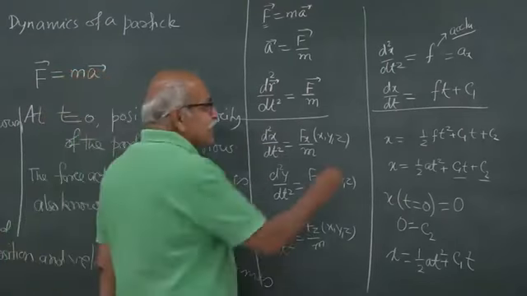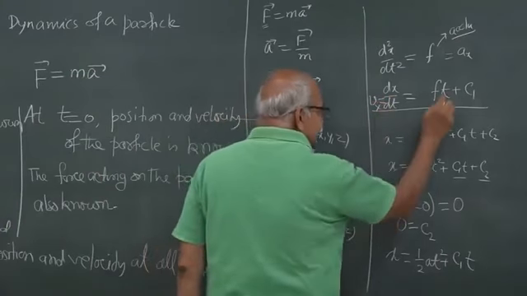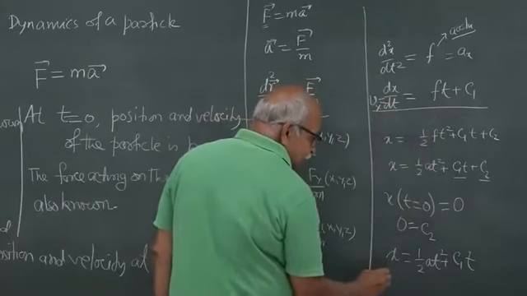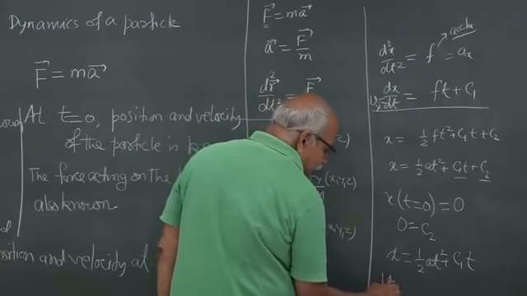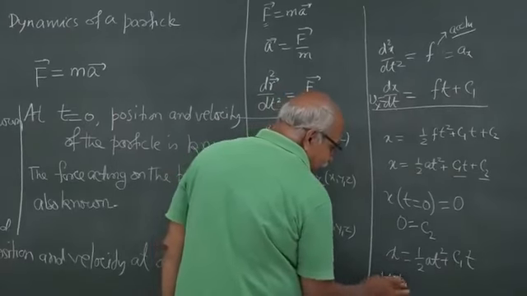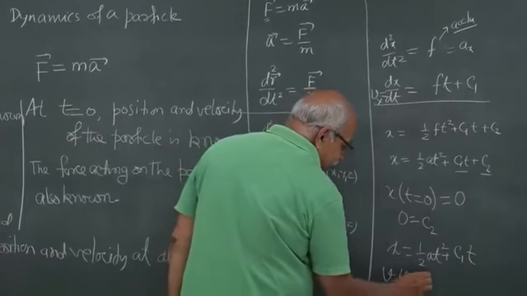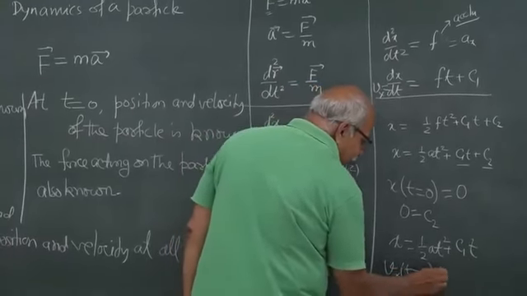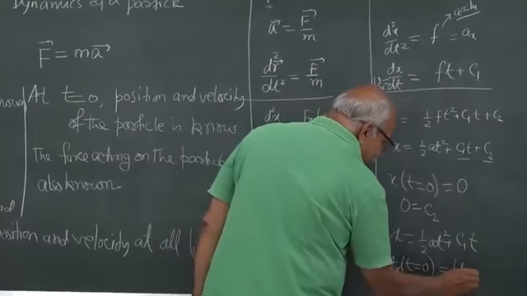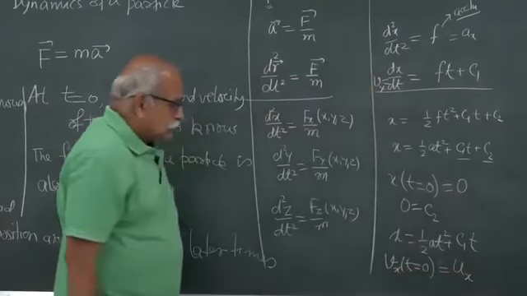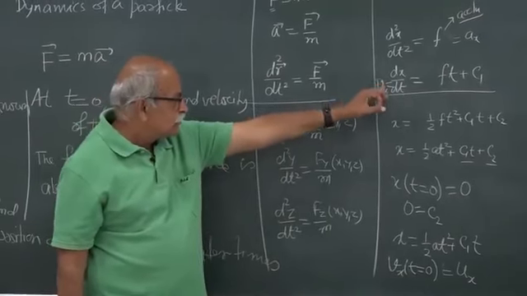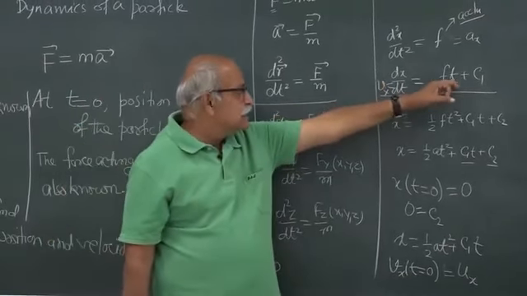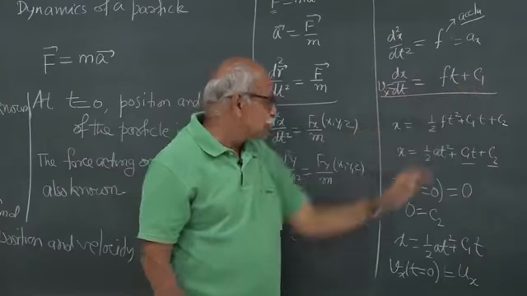So, if I use this information that at t equal to 0, the x component of velocity is known, and I call it ux, then I can use this equation: ux is equal to, and put t equal to 0, ux is equal to c1.